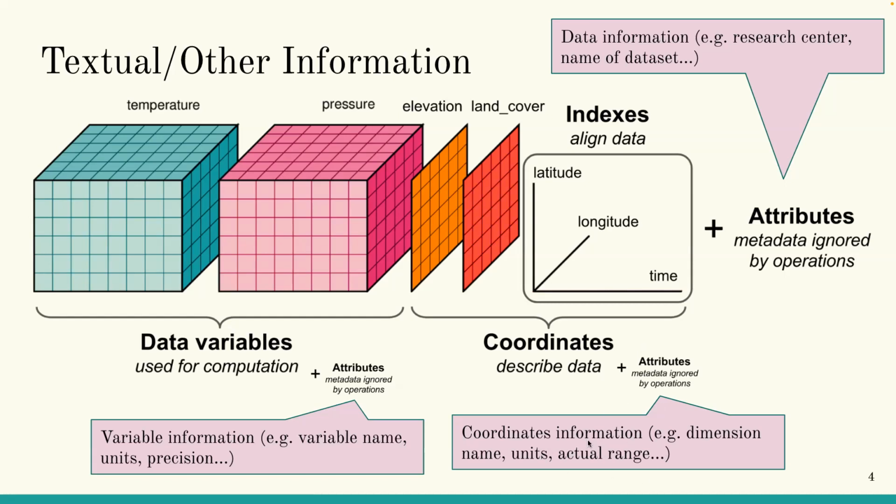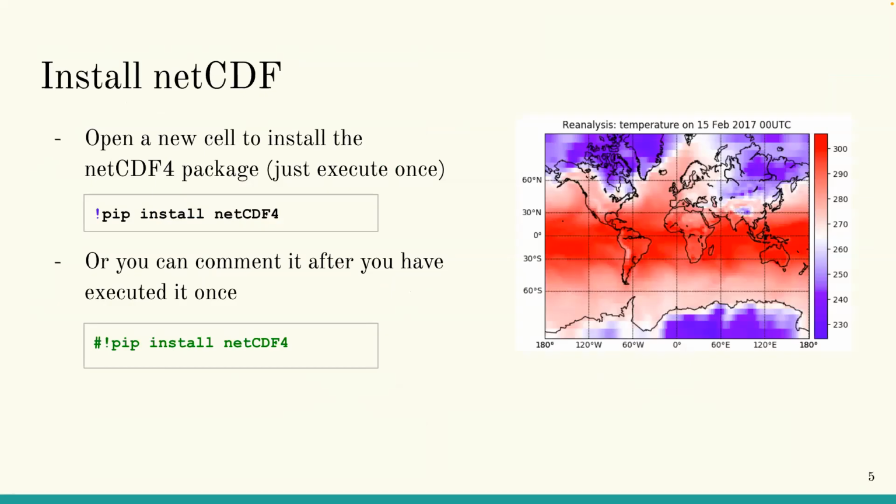So in this lesson, we will get to the library, the package, for how we can read all these different variables. First of all, I don't think we need to install that, but I just put it here in case, to install the NetCDF library in your Google Colab.